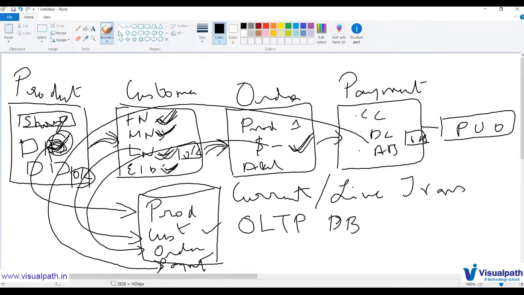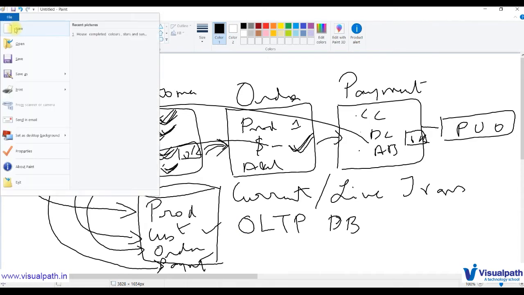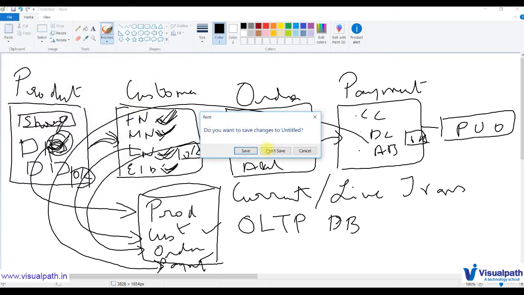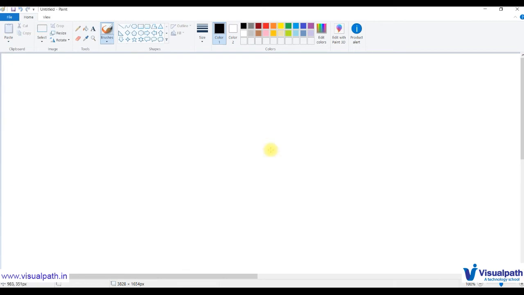Okay, so coming back here again, now we came to know that there is a database called OLTP, which contains your current data.